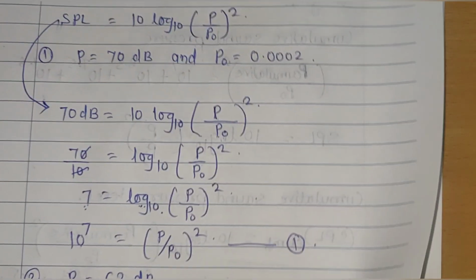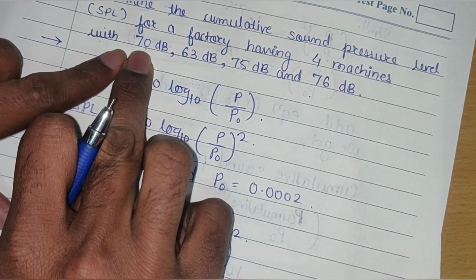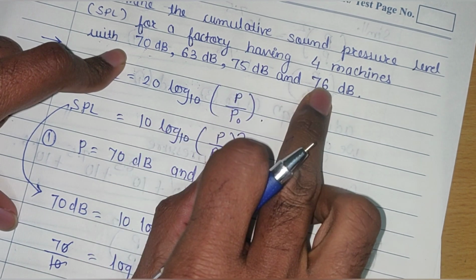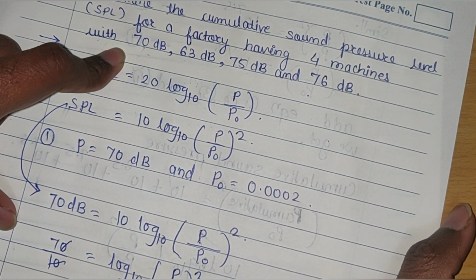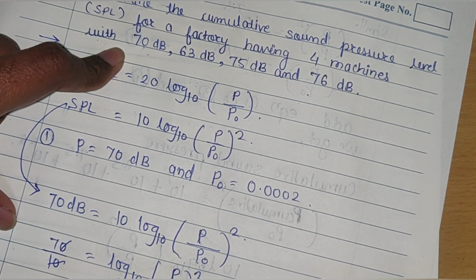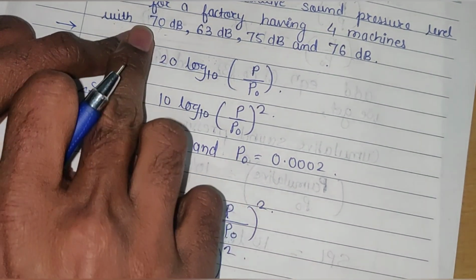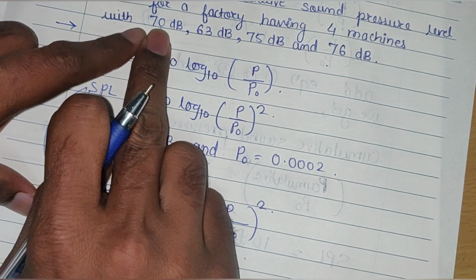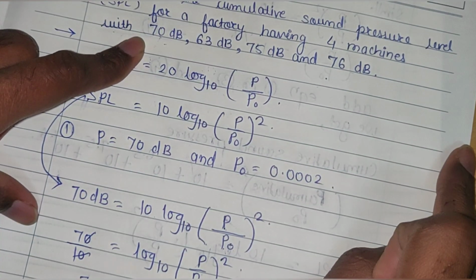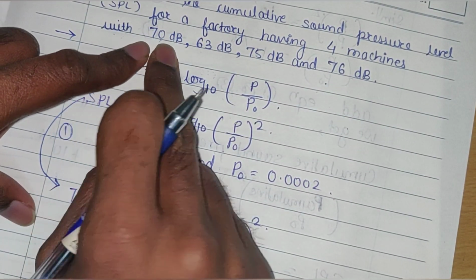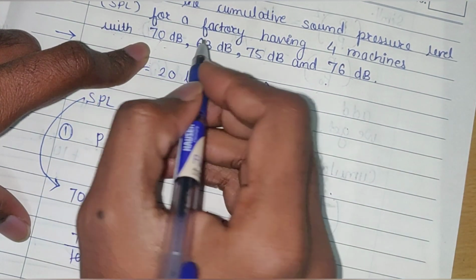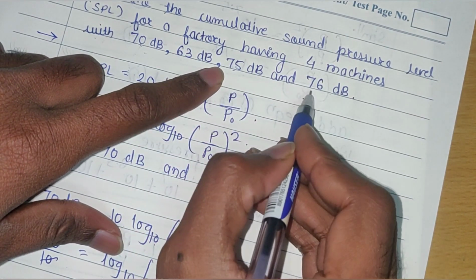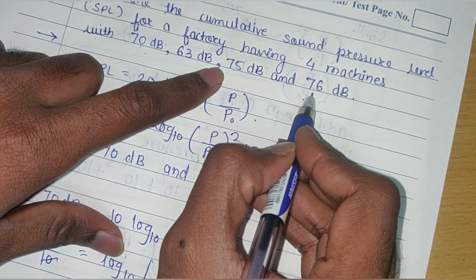If you add these values directly, 70 plus 63 plus 75 plus 76, it will go above 200, and that sound is not audible to us. That's why you cannot add sound pressure levels directly, because sound pressure level is measured on a logarithmic scale, and the difference between two values is not just 1 decibel.